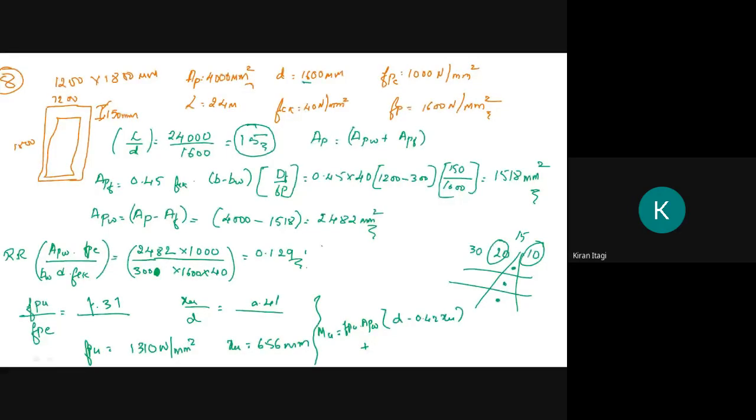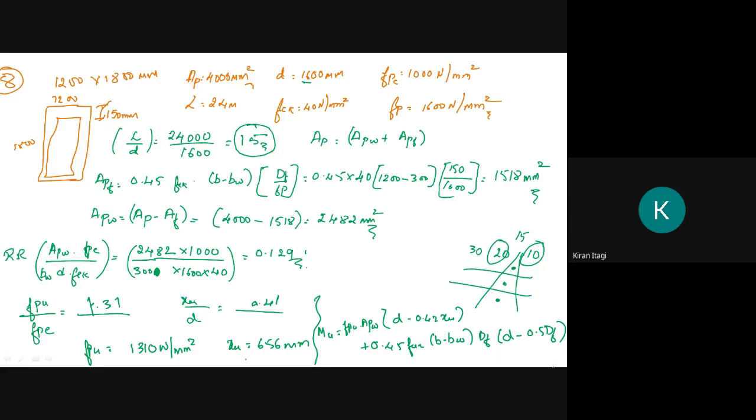One second. I will write the formula and I will come back to you. 0.45 fck, b minus bw, Df, d minus 0.5 Df. Jayant, I will tell you what Mu means.